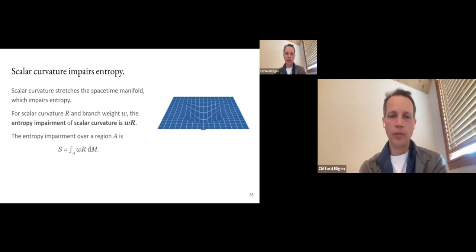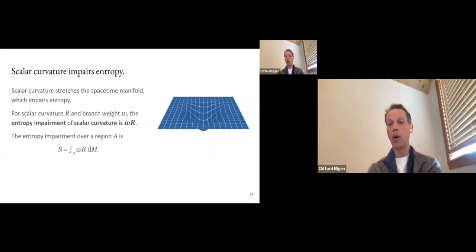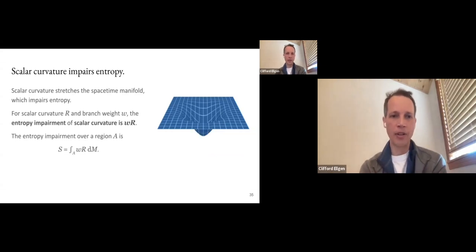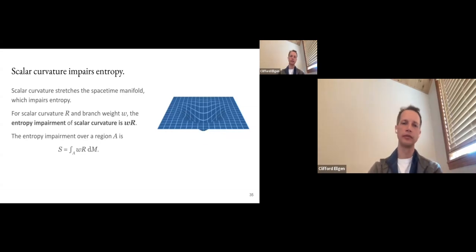And so the amount by which the entropy is impaired by this curvature is W, the branch weight, times the scalar curvature R. That's our pointwise estimator. And then if we want to ask how much the entropy is impaired in some region A, then it's just the integral of W times the scalar curvature R.